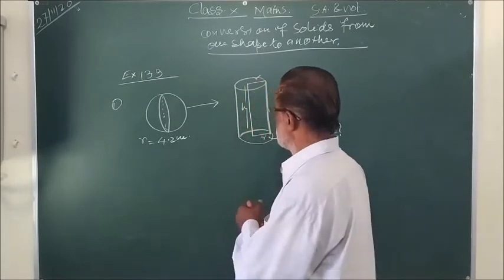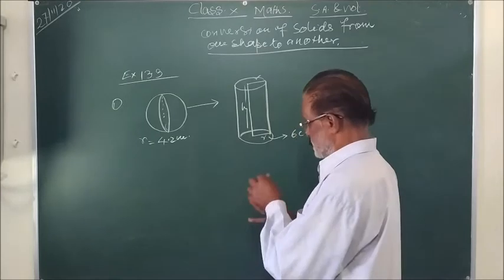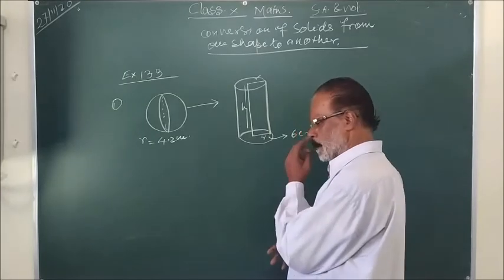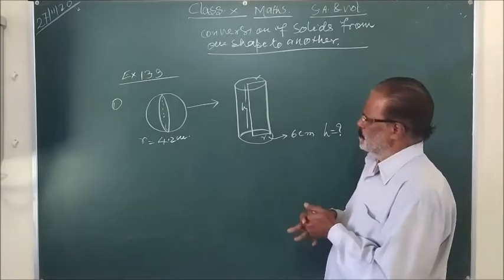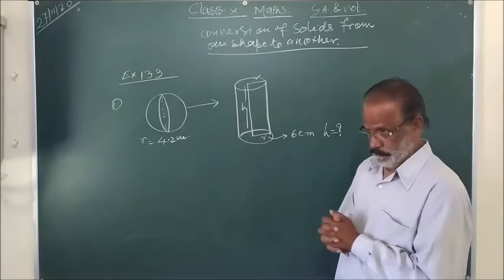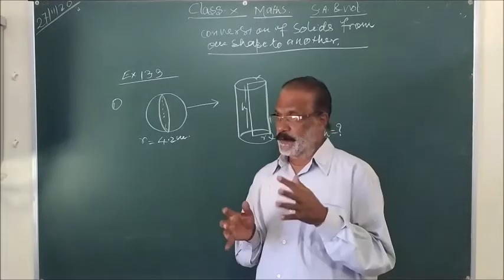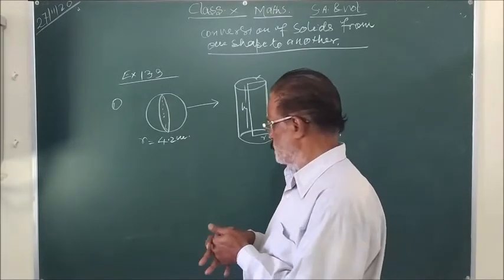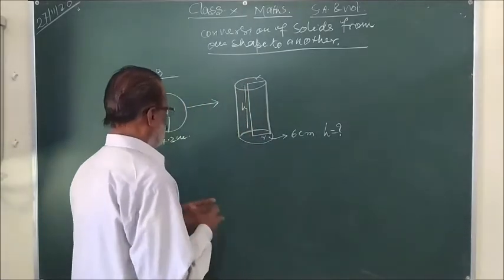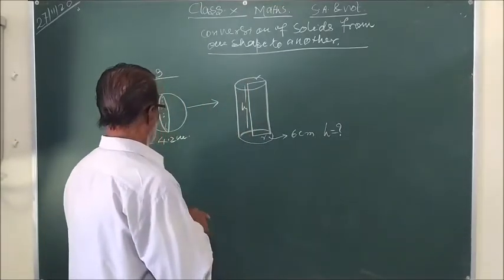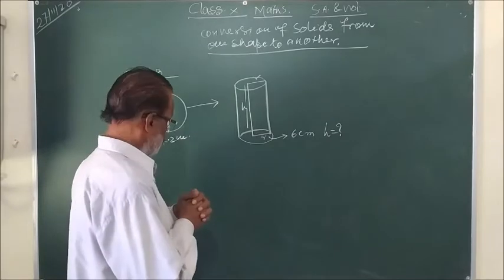These things you have to learn in this exercise. I will explain the technique through the questions, because in theory you cannot learn properly. So you see question number 1.